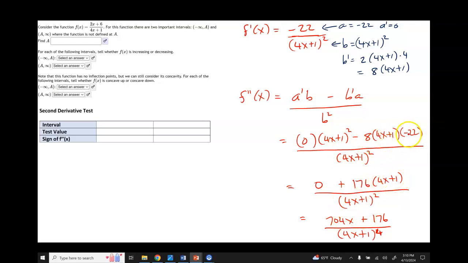You have negative 8 times negative 22. That's a 176. We distribute that and you get 704 plus 176 all over 4x plus 1 to the fourth power. Why is it to the fourth power? Because remember, it's a denominator squared. So if we take the 4x plus 1 to the second power and we square it, because we're squaring the b, it'll give you the fourth power.